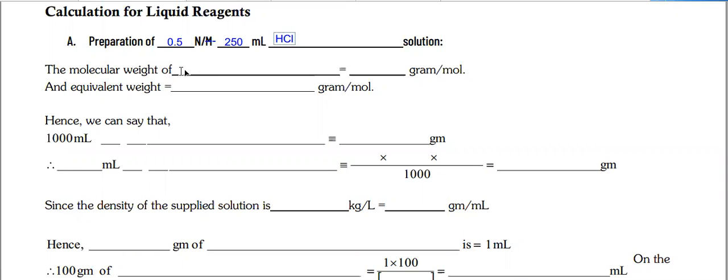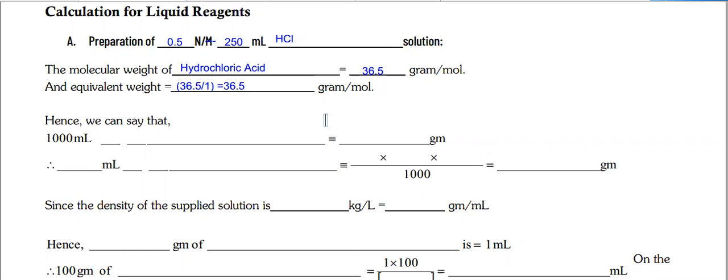The molecular weight of hydrochloric acid, we know, is 36.5 gram per mole, and the equivalent weight of hydrochloric acid will be 36.5 divided by 1, which is equal to 36.5 gram per mole.